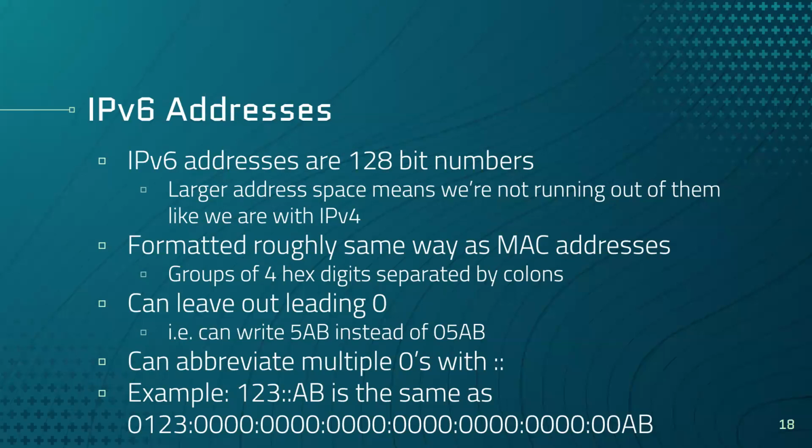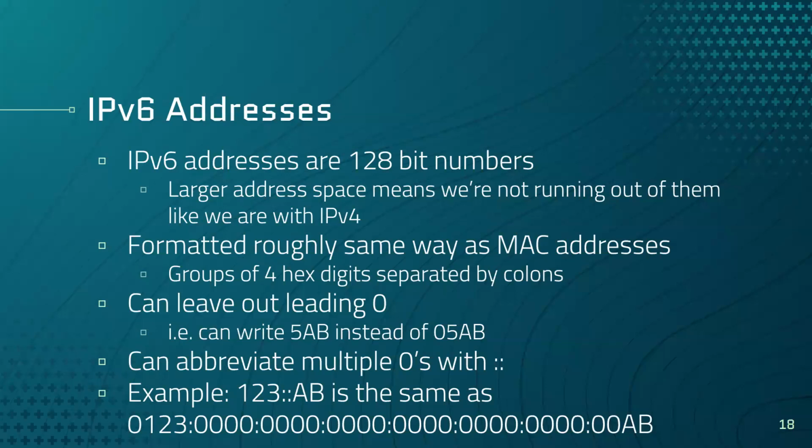So there are some formatting rules to make these shorter. At the bottom, this is an example of a completely unabbreviated IPv6 address, and it's massive. And just for scale, just these last 8 digits alone would be an entire IPv4 address. So IPv6 addresses are huge.